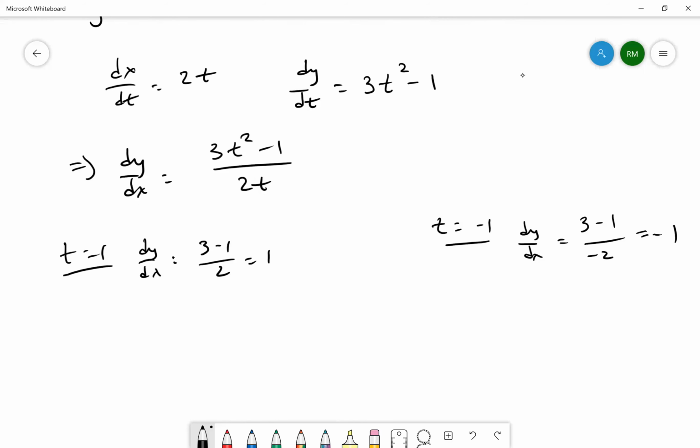So the tangent line here is merely y equals x, and the tangent line here is y equals minus x. So let's open up Desmos and see what this looks like. You can actually graph parametric curves in Desmos pretty easily. So let me open up Desmos to show you what this will look like.